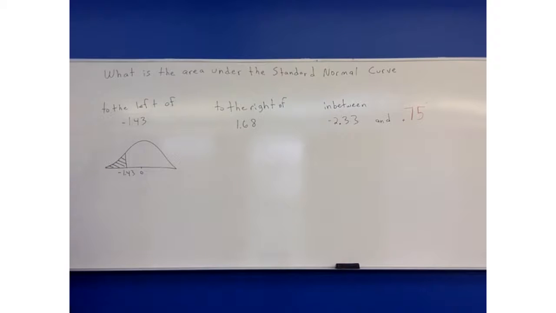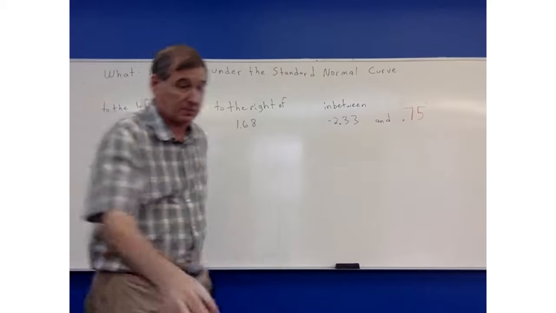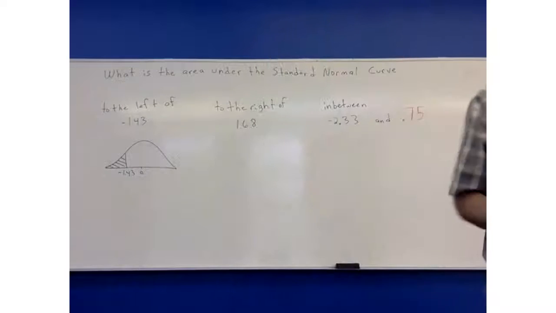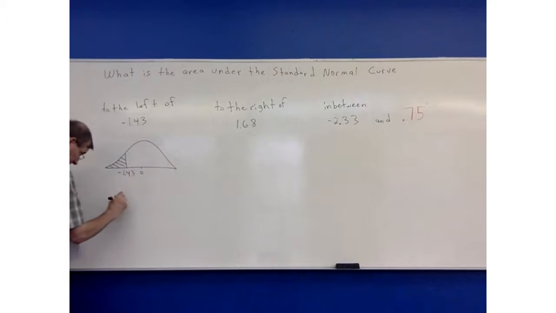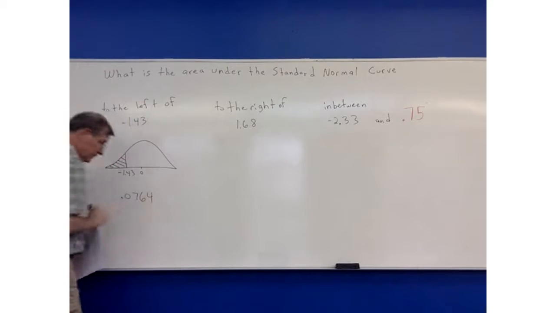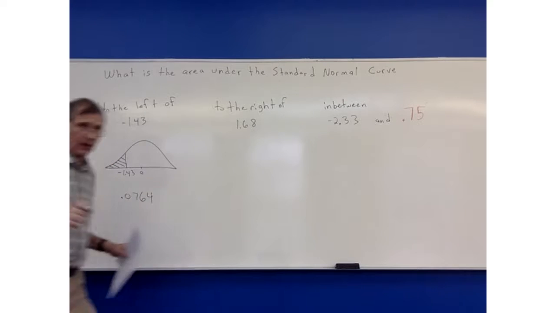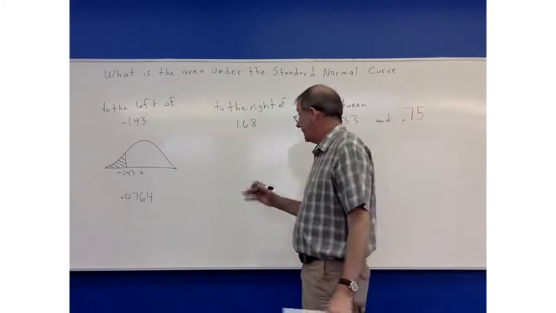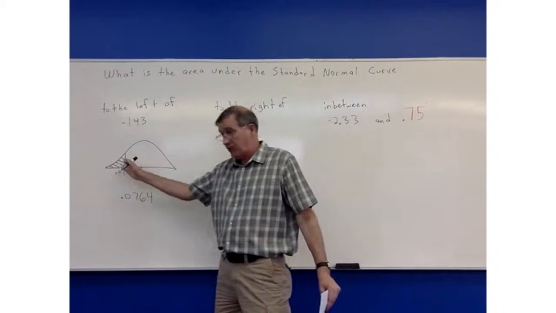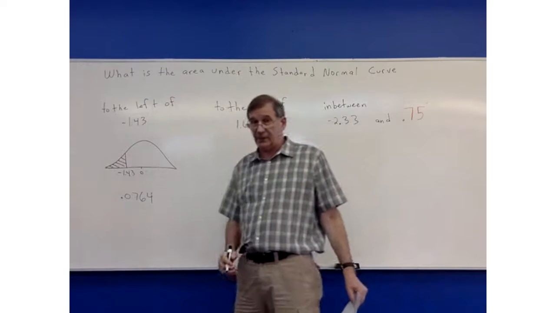Now, if you go to the z-table and you look up negative 1.43, you should get the following value: 0.0764. If you recall how you read the z-table, it always gives you the value to the left of the number you're looking up.